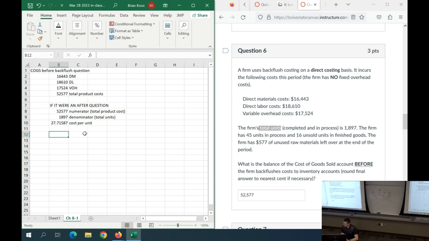I got ahead of myself a little bit. What I'm going to do now is split that out into the materials portion and the conversion cost portion, because I'm going to have to get different entries for the materials and conversion cost portions. So I'm going to create this, the DM cost per unit.